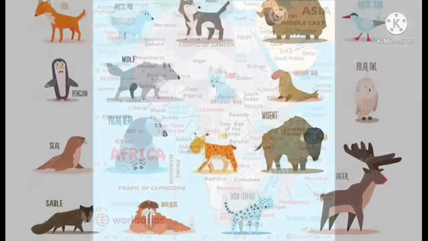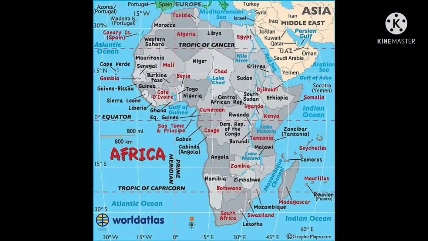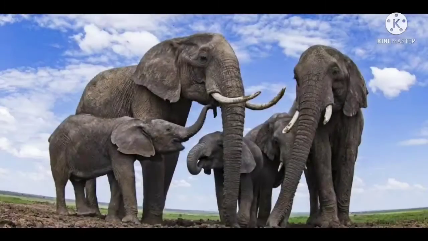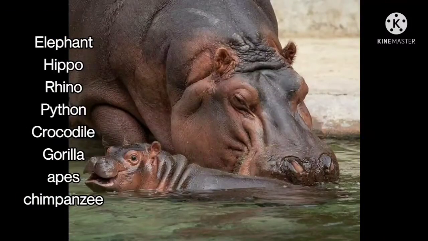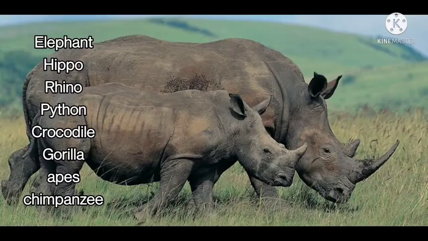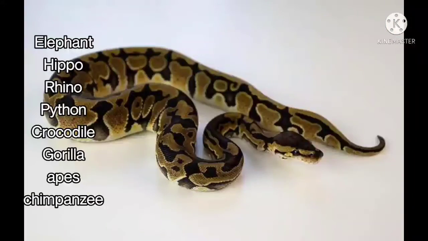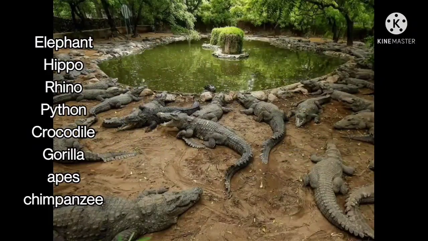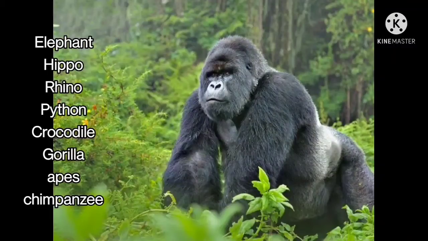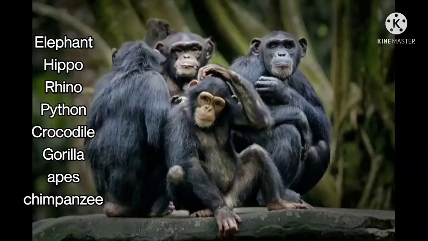So friends, now let's study about the wildlife of different parts of the world. First, Africa. Africa is rich in wildlife. Elephants, hippos, rhinos, pythons, crocodiles, gorillas, apes, and chimpanzees live in the equatorial forest.